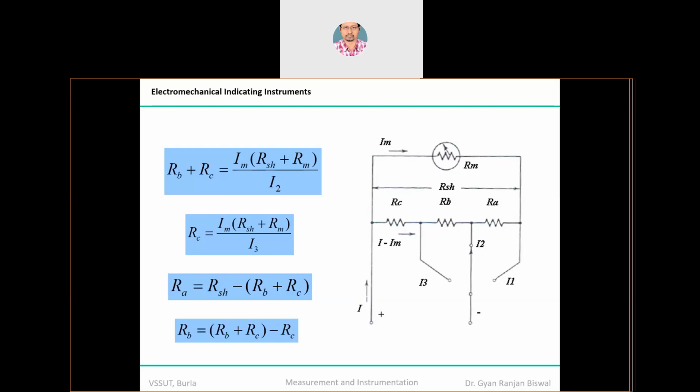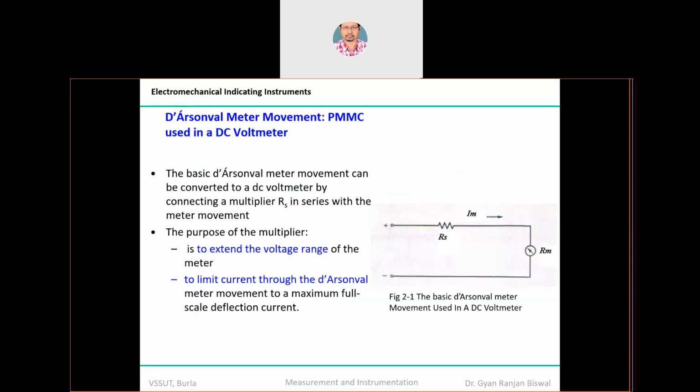For example, I can find the value of RC in terms of I3, Im, RSH and Rm, which are all known to me. In a similar way you can work out the values of RA and RB as well. That's how we use PMMC as a DC ammeter.